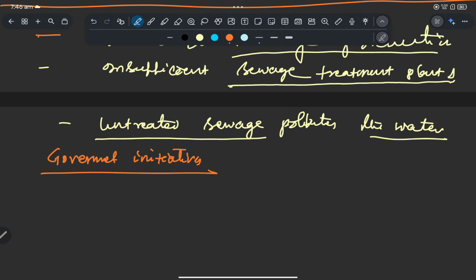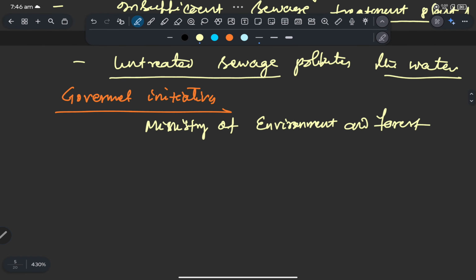So this initiative is taken by Ministry of Environment and Forest. Okay, so it has the important plans. What are the important plans?